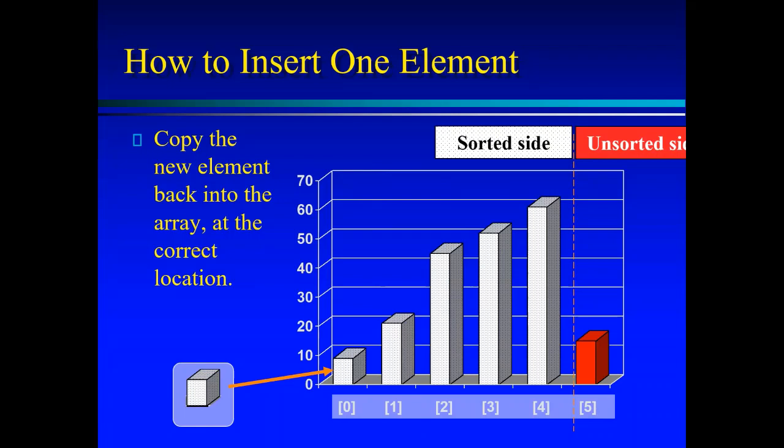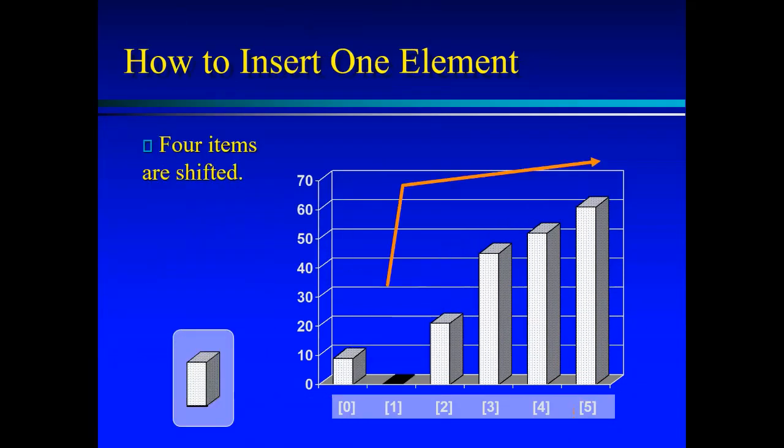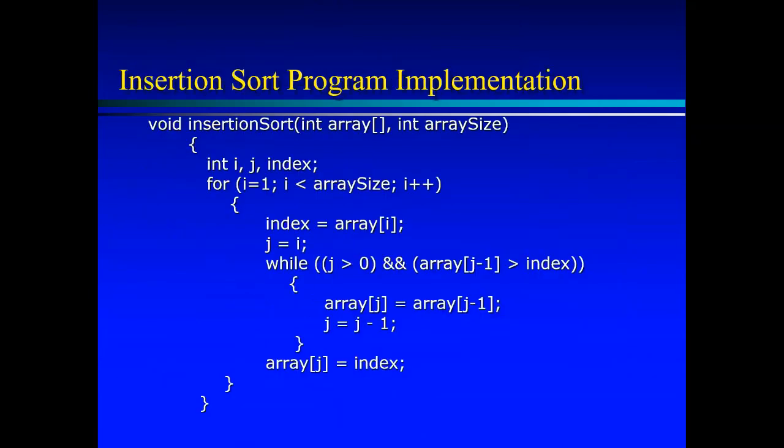It's smaller, so we're going to swap, and then with the fourth, the third, and the second. Since this is bigger than the first element, it will be the second element. So that's how insertion sort works.